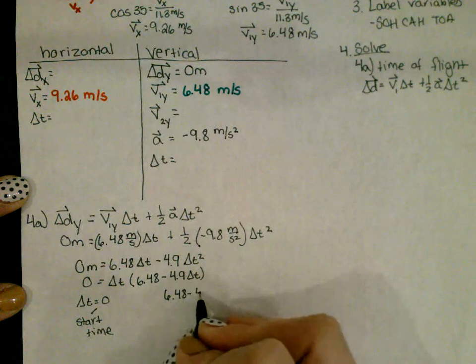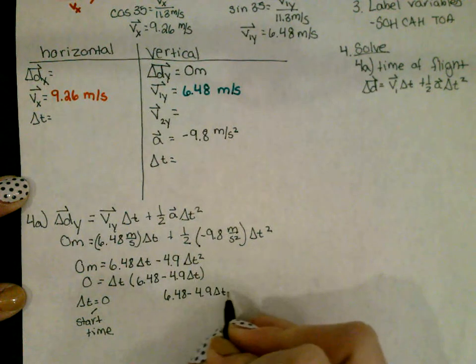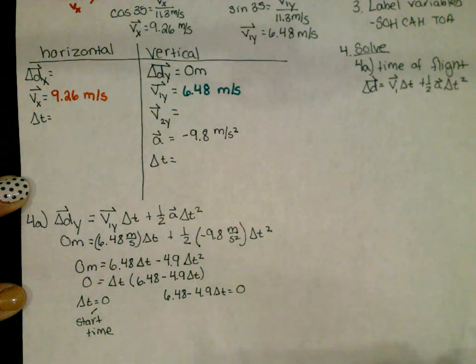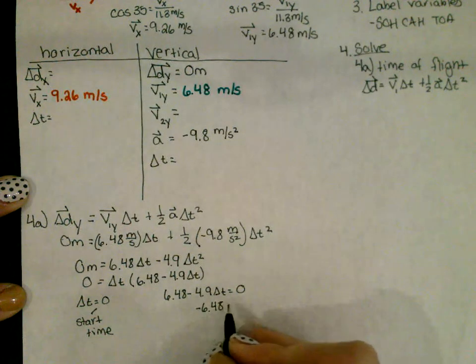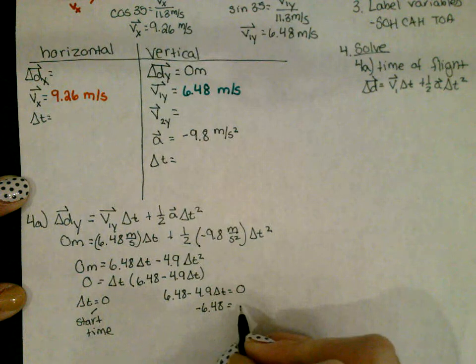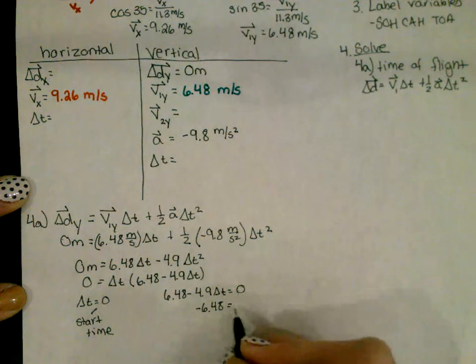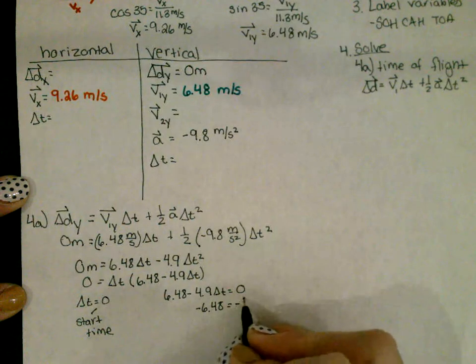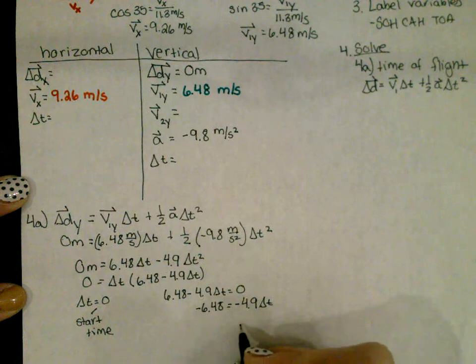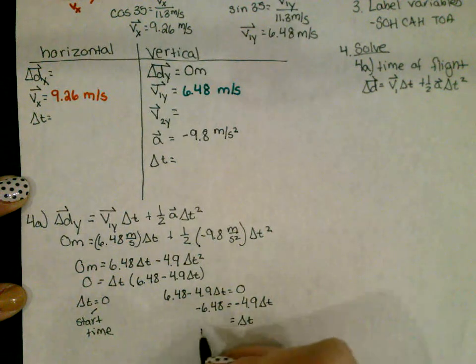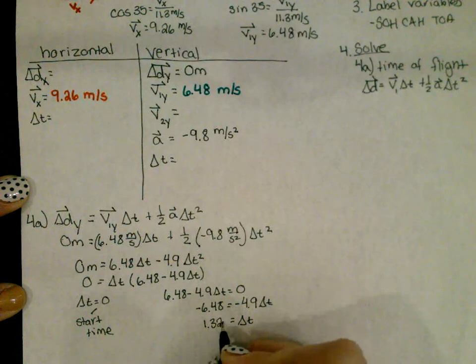Then I have 6.48 minus 4.9 change in time is equal to 0. So I have negative 6.48 equals, I flipped that, sorry, negative 4.9 change in time. So my change in time is going to be equal to 1.32 seconds.